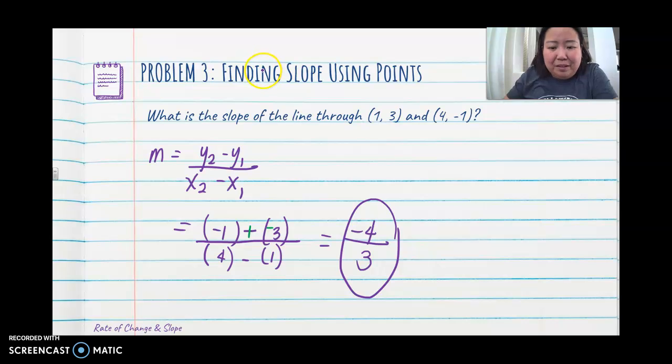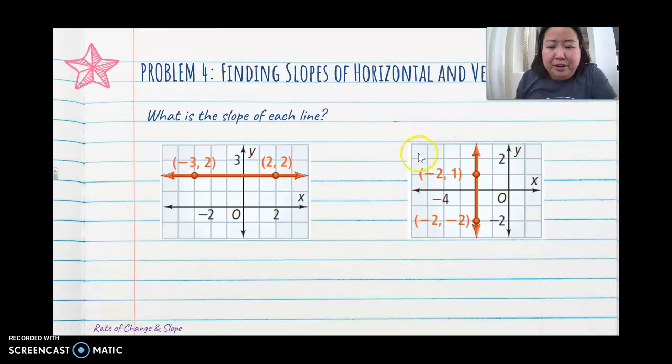Okay, so moving on to the next part. So in this case, as you can see, we have two special lines: our horizontal line and our vertical line.